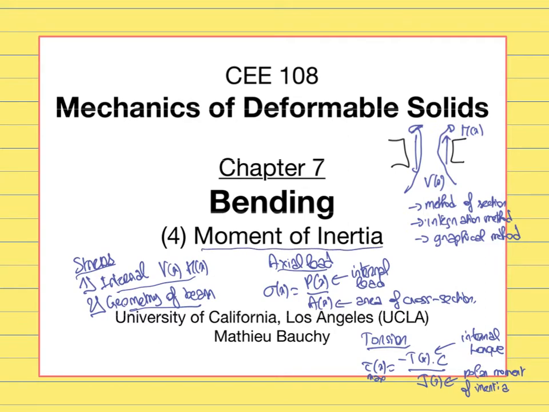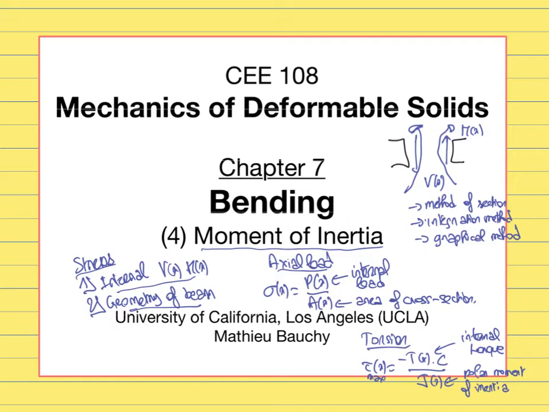The moment of inertia, which is what we are going to talk about in this first video, is going to be, in the case of bending, the key geometrical property that controls the propensity of a beam to develop some stress when subjected to bending. And in this case, what will matter more specifically is the moment of inertia of the cross-section of the beam.